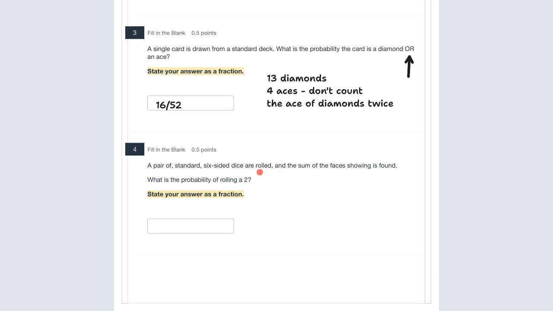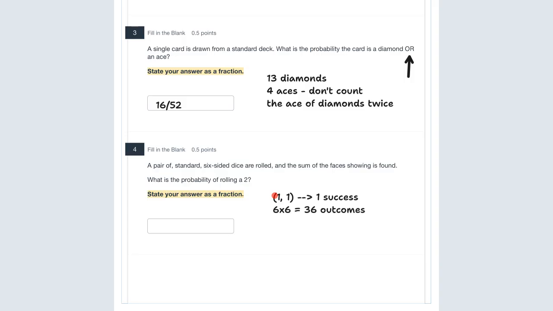Number 4, we're rolling a pair of dice. What is the probability of rolling a 2? The only way to get a 2 is a 1 and a 1. So this means there is 1 success. And there are 6 times 6, which is 36 outcomes.